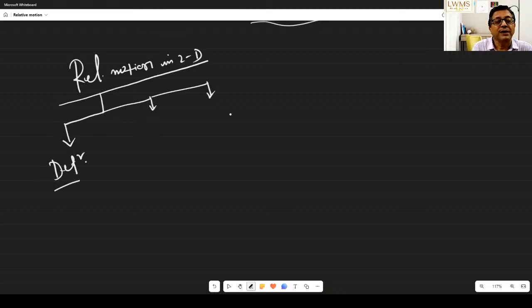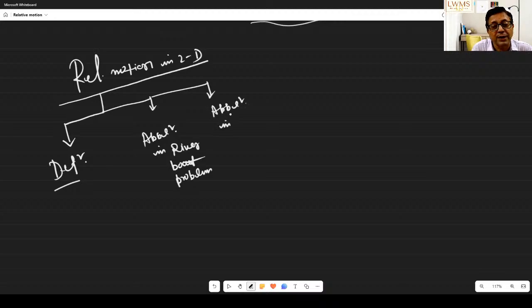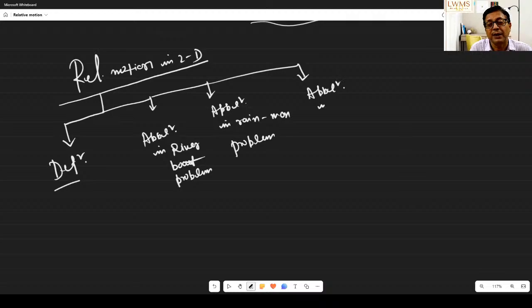We'll define, then application in riverboat problem, then application in rain man problem, and another application in airplane problem.